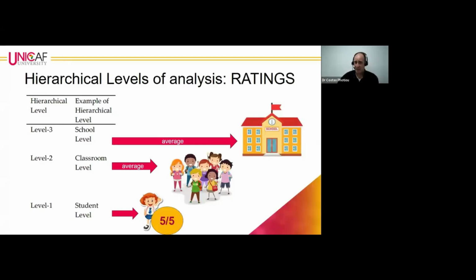One student might say 5 out of 5. The average of the class might be 3 out of 5, which might be closer to the true picture. And then the average of the school might be 4 out of 5. So again, this might be closer to the true picture.